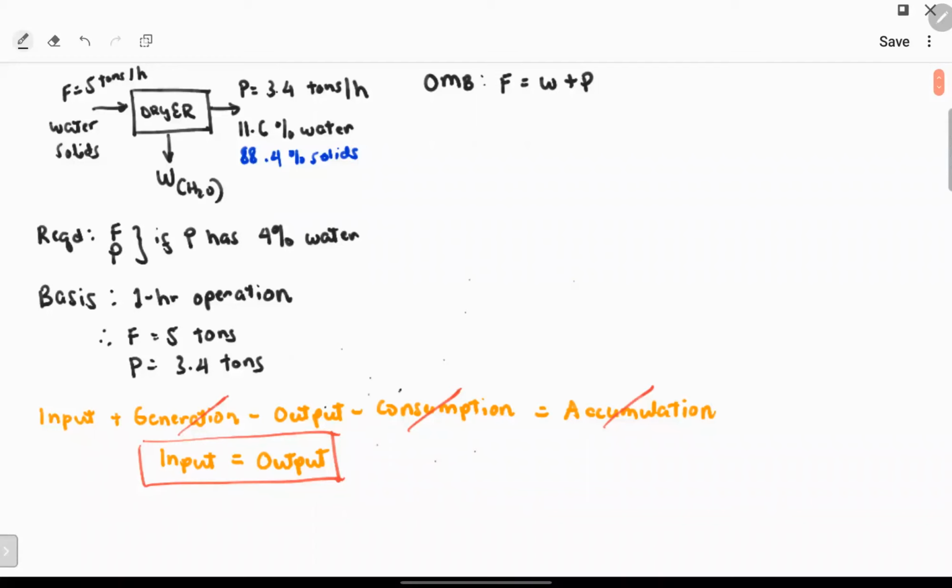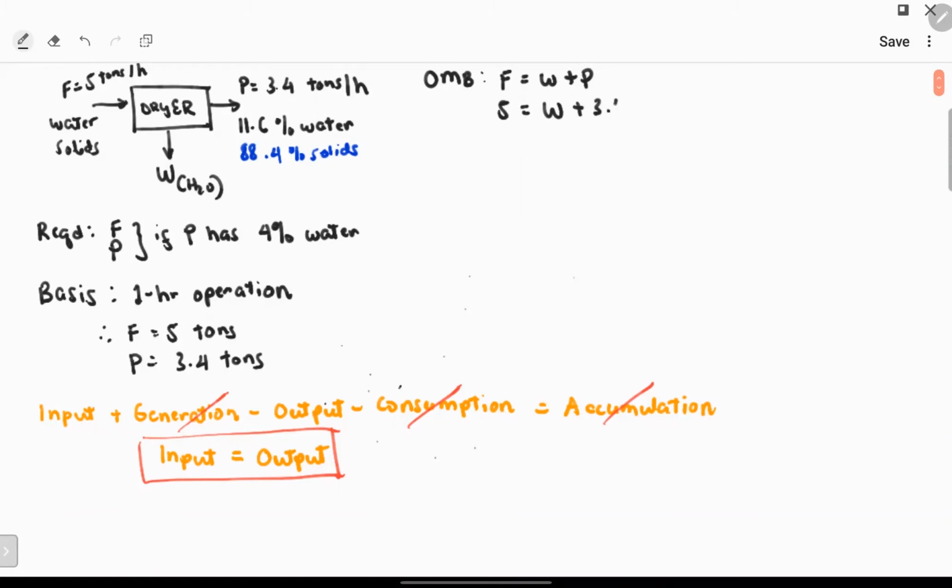And you can actually substitute the values that we have. For F, it's 5 tons, equals W plus, well, for P, we also have an amount, so that's 3.4. So simply, we can calculate right away the amount of water, which is 1.6 tons. Okay?